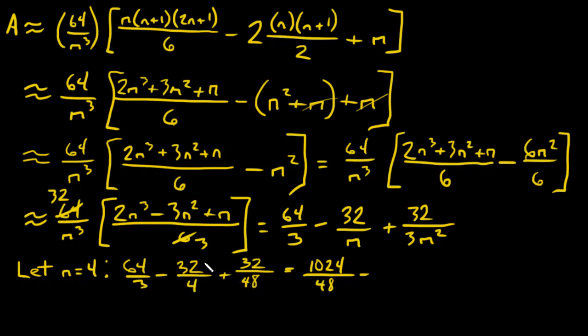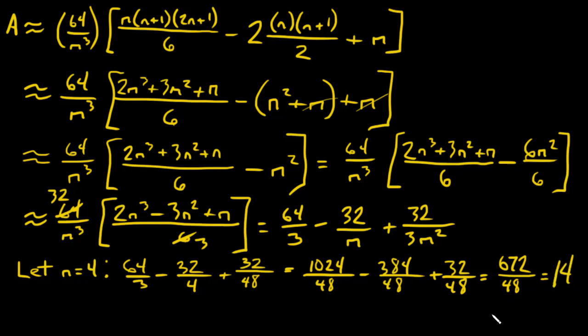So now to get this one to a denominator of 48, I need to multiply the top times 12, which is going to be minus 384 over 48 plus 32 over 48. And when the dust settles, we are left with 672 over 48, which reduces to 14, which is exactly what we found when we did it with the rectangles.